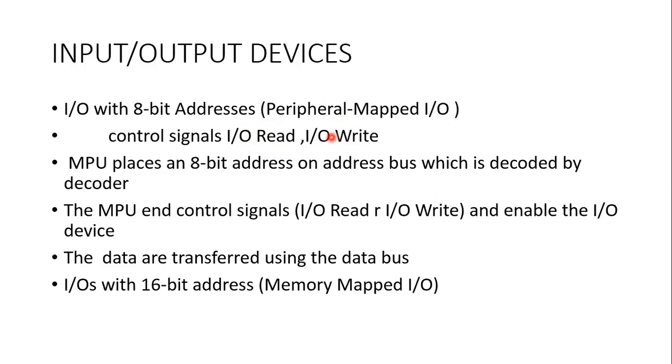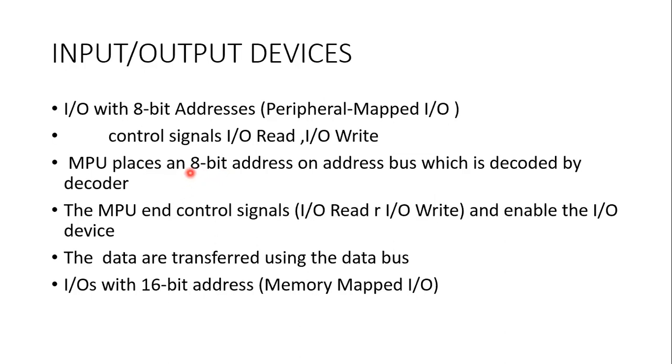Now, what are the various steps for reading and writing? First, the MPU places an 8-bit address on the address bus, which is decoded by the external logic. The address bus is 16-bit.